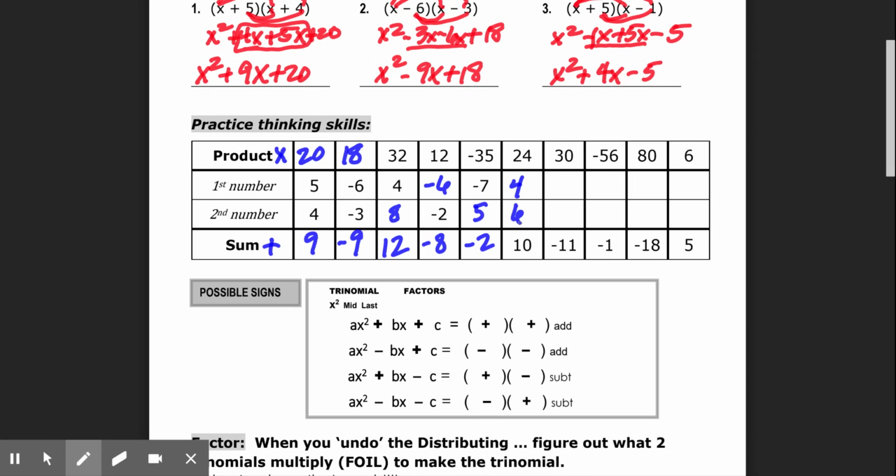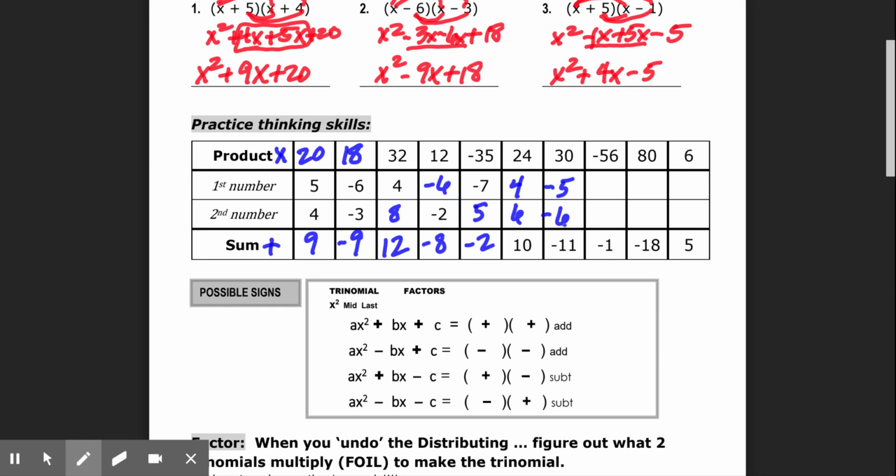Now on this one, notice you have a negative 11, but 30 is positive. So a negative times a negative will give you a positive, and a negative plus a negative will stay a negative. So you have to think of numbers like negative 5 and negative 6. They add up to negative 11, and negative 5 times negative 6 is positive 30.